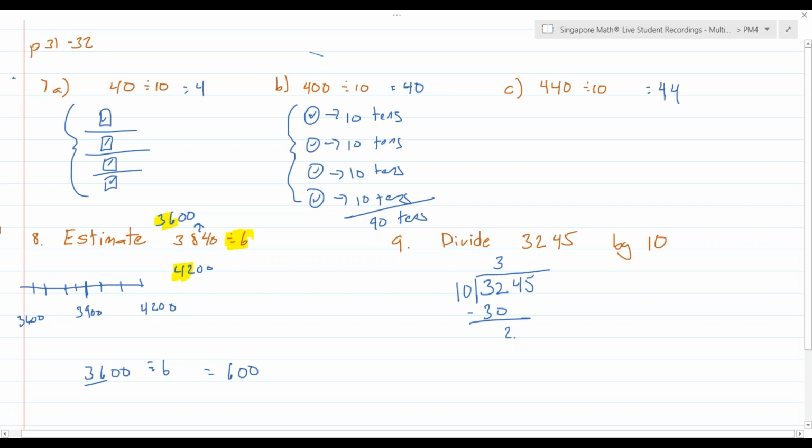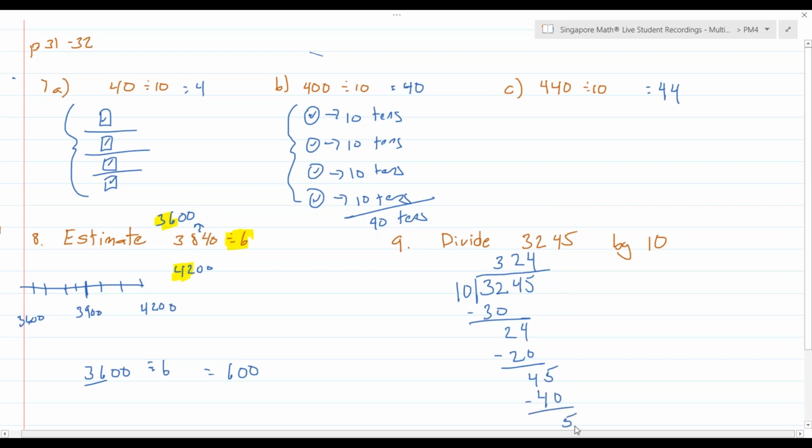When I subtract, bring down a 4. 10 goes into 24 twice. 2 times 10 is 20. Subtract, bring down the 5. 10 goes into 45 4 times. 4 times 10 is 40.